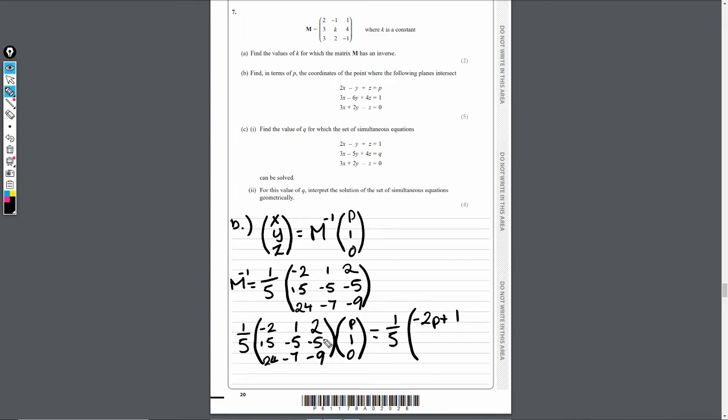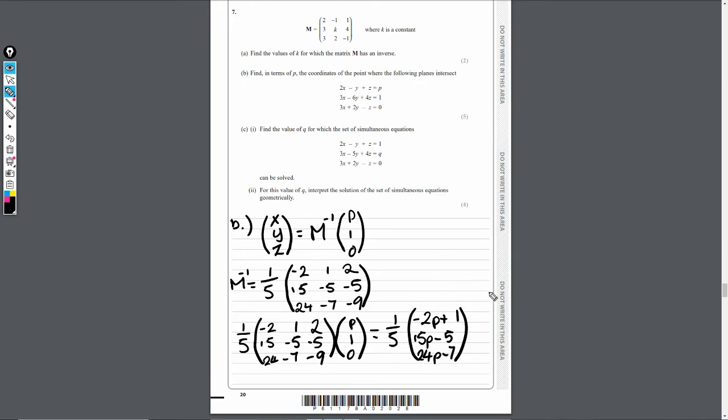Doing the next one now, 15 times p, I'm going to have 15p minus 5. Hopefully this is really straightforward multiplication. And then finally 24 times p, I'm going to get 24p minus 7. So now all we have to do is times it by 1/5, I'll divide it by 5.